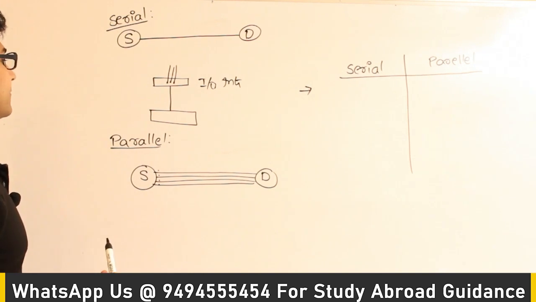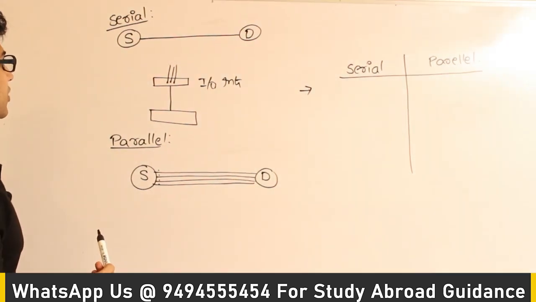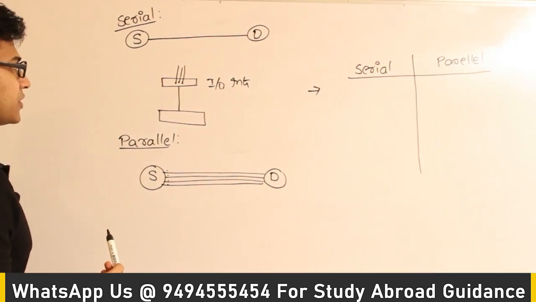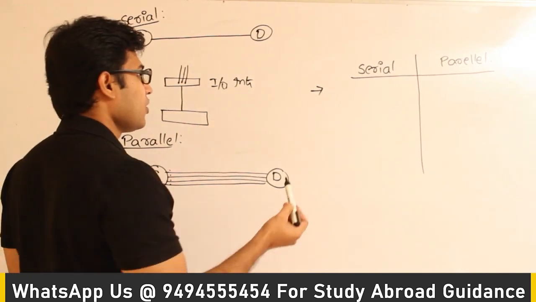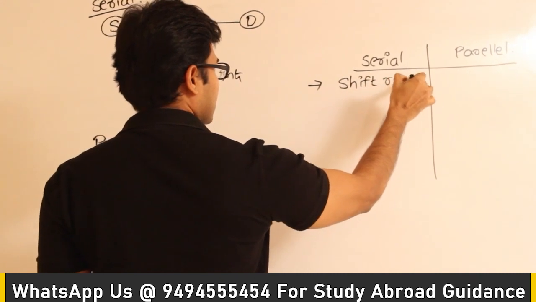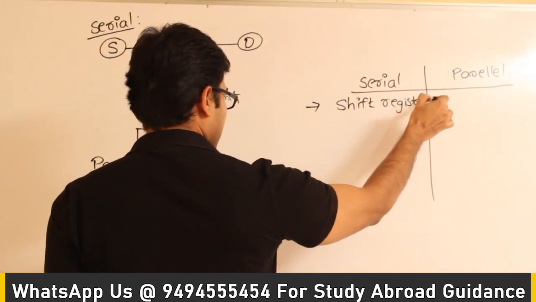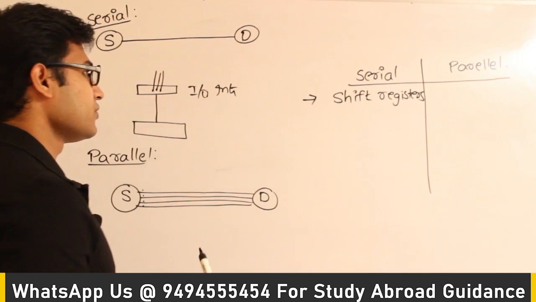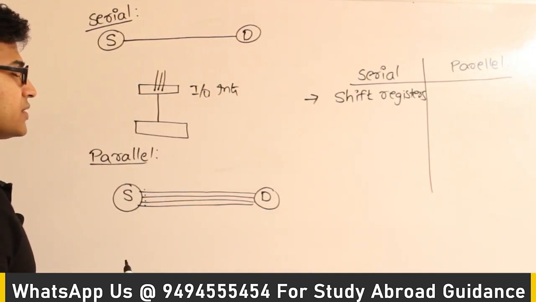The first difference is that, in order to implement serial mode of transmission, we need something called shift registers. Please refer to the digital topic of shift registers, where I discussed what a shift register is.